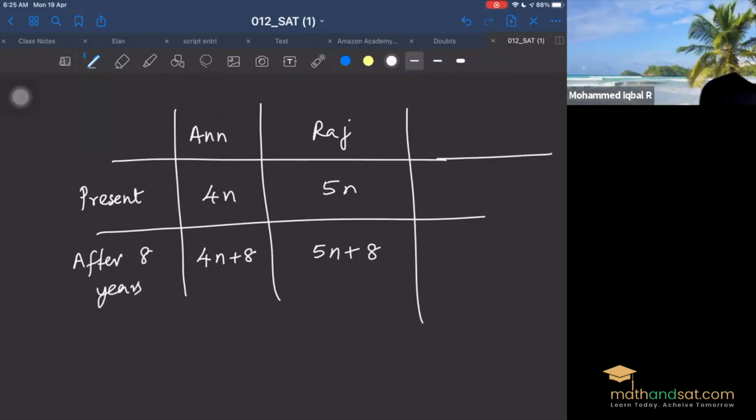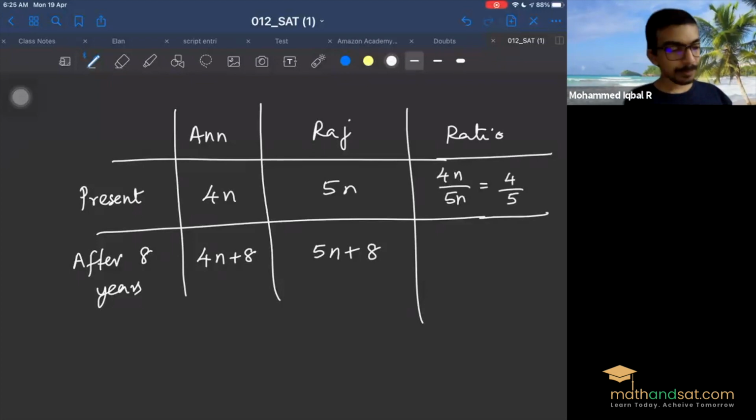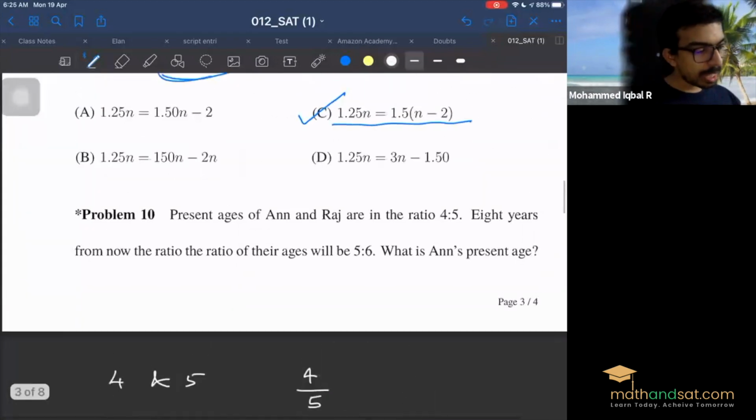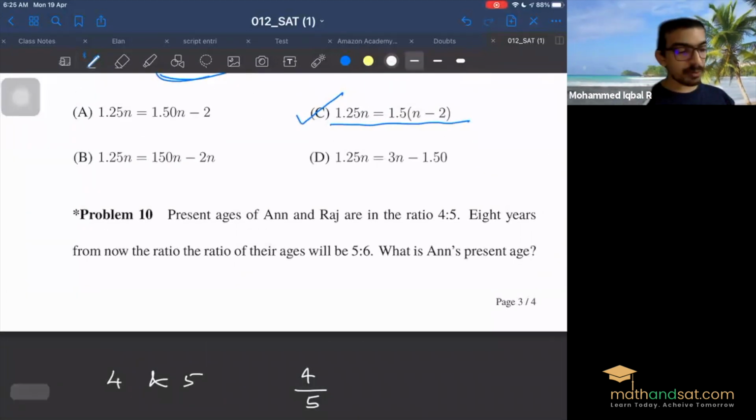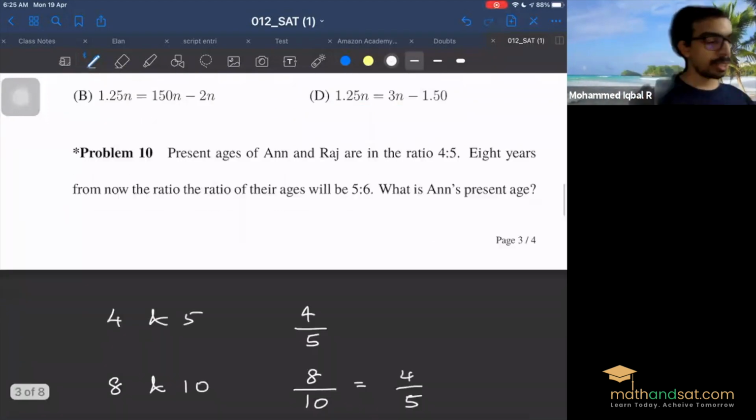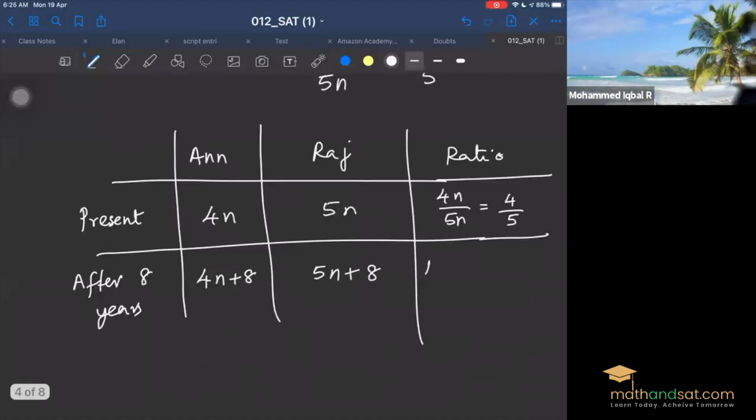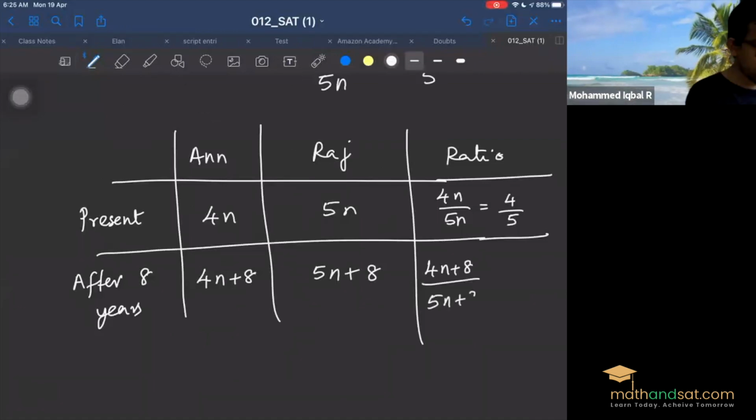Now, the current ratio is 4n over 5n, which is 4 over 5. Okay. Now, after 8 years, the question says the ratio of their ages will be 5:6. So the ratio 4n plus 8 over 5n plus 8 is 5:6.